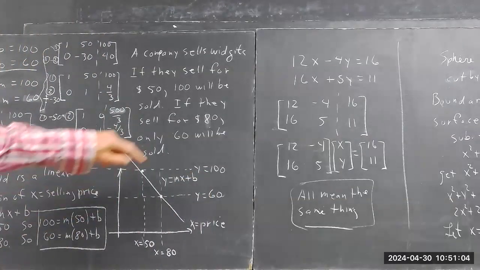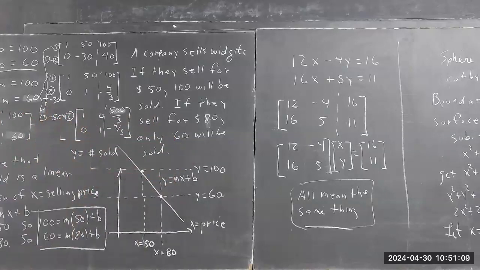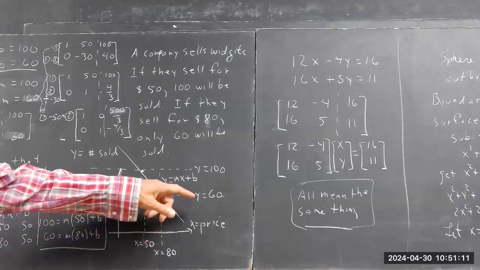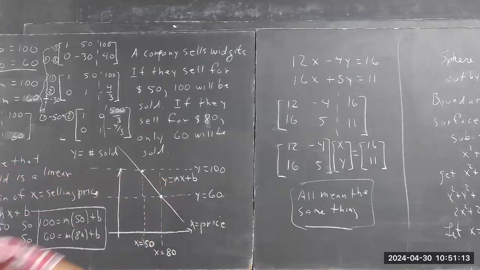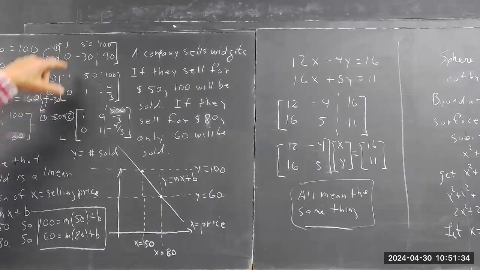We plug these coordinates, 50 and 100, and 80 and 60, in for x and y, and we get this equation. Then we change the order of the additions and put the numbers on the other side, and we see that these are the same equations. So we translate that to matrix form. We reduce the matrix and we get this.